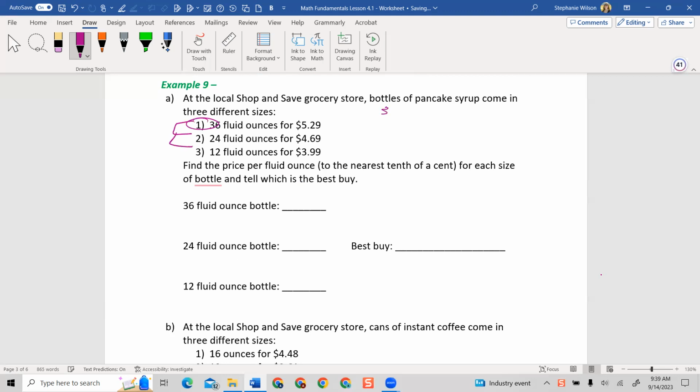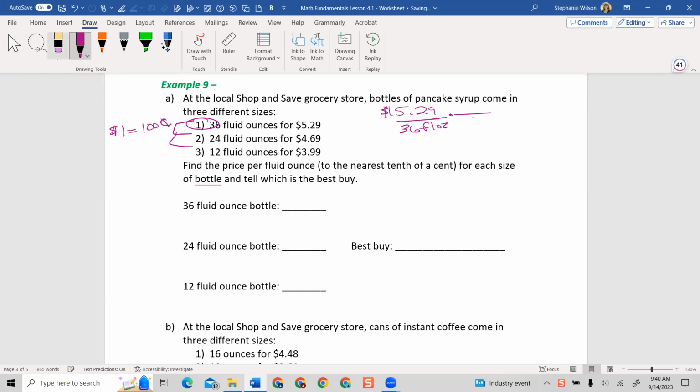So if I take that $5.29 and divide it by the 36 fluid ounces, I know that I need to get it out of dollar bills. So what I'm going to do is do another conversion. And I know that for every $1, and let me write it over here right quick, we know for every $1, that is 100 pennies, right?